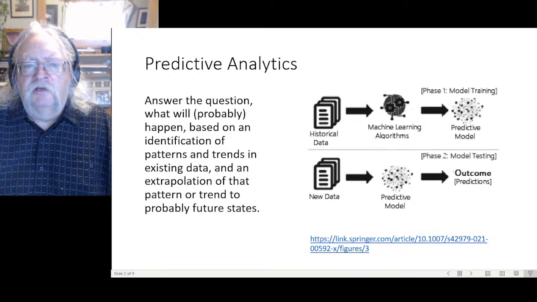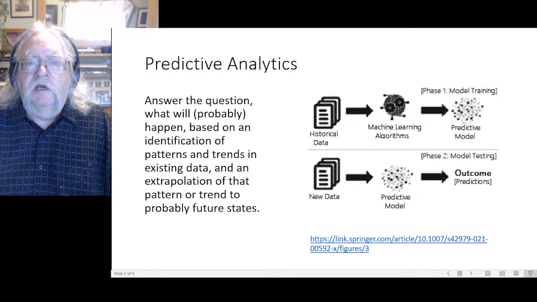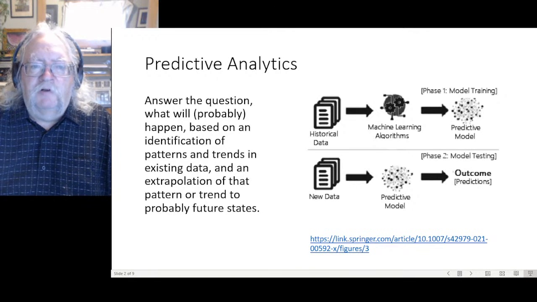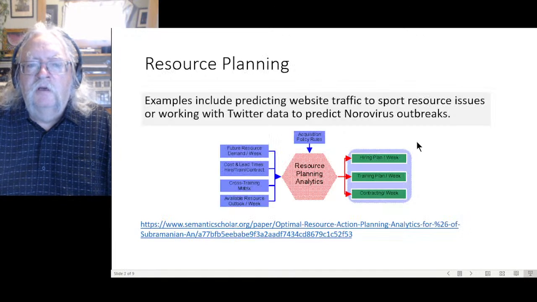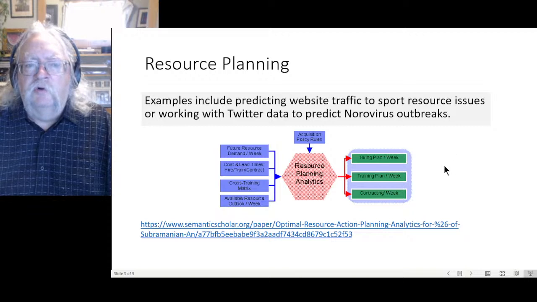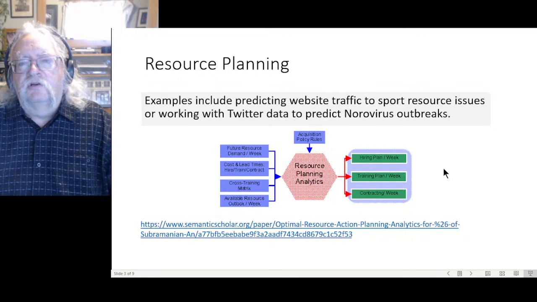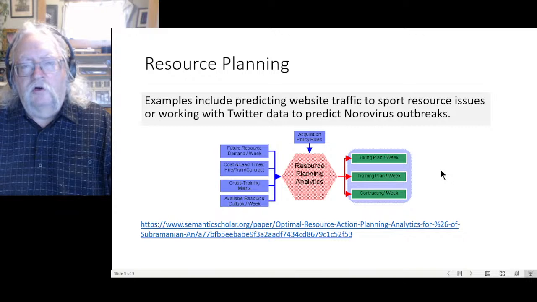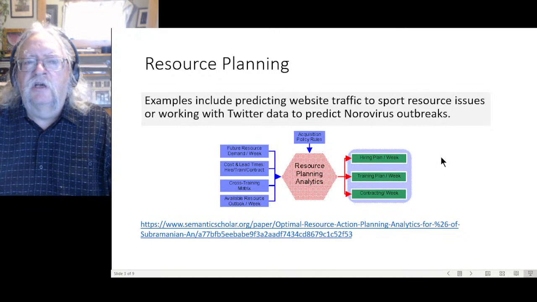As you may imagine, predictive analytics have a wide range of uses in online learning and learning technology. We'll be sampling a number of them here in this presentation. One such is resource planning. Resource planning is important, of course, to educational institutions.